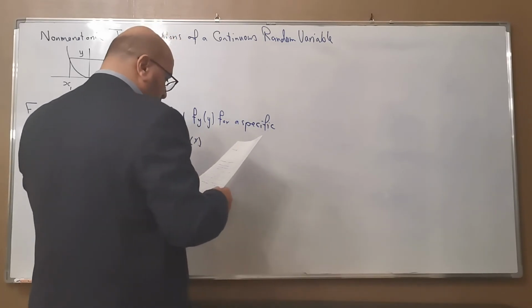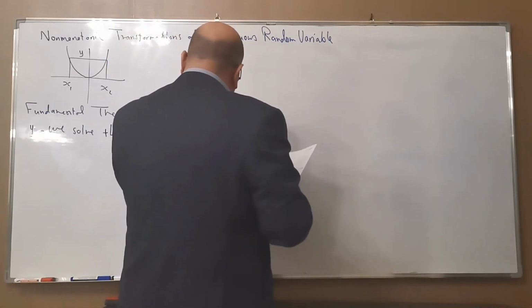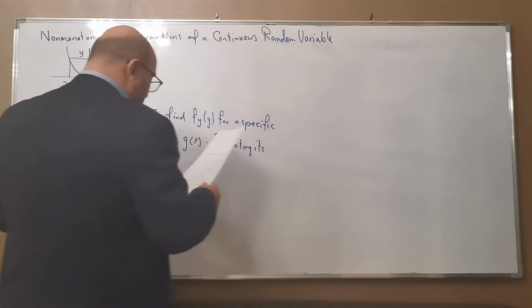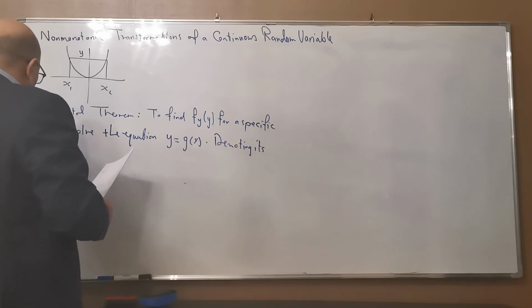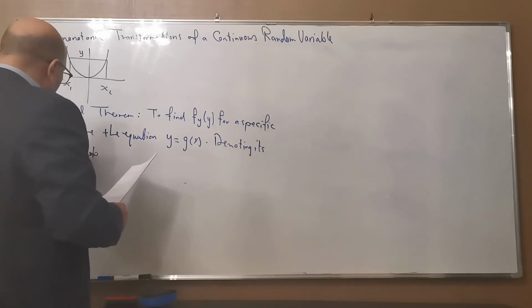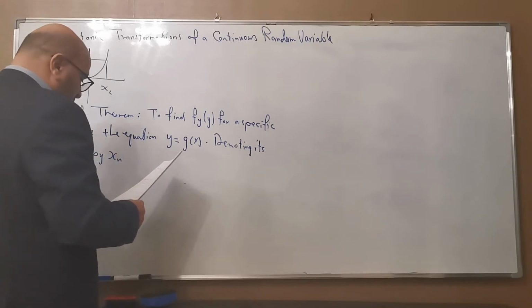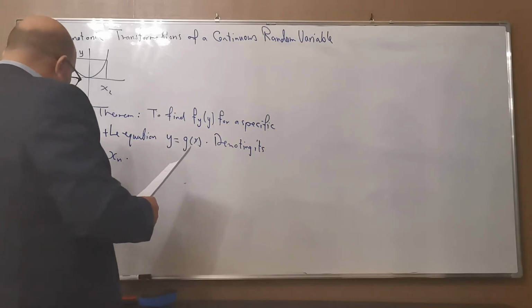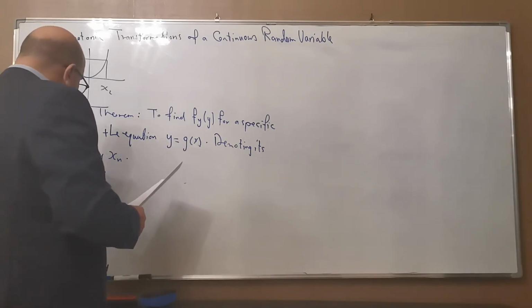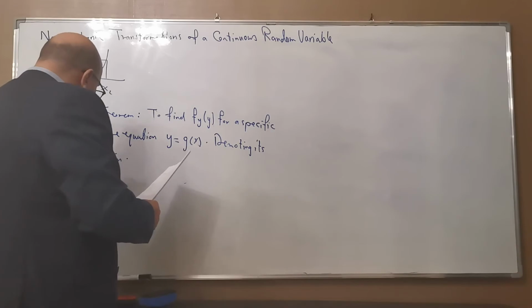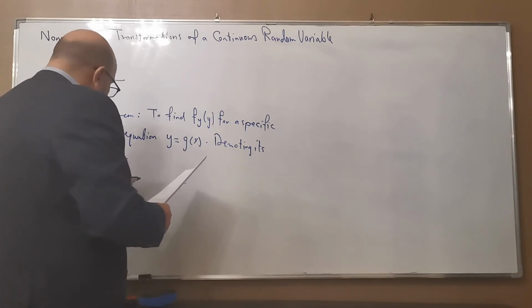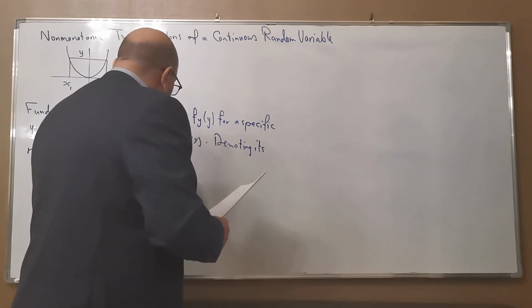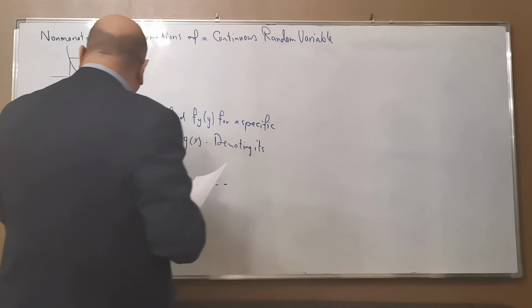Okay. Denoting its real roots by x sub n. Okay, so we have y equals g of x1 equals g of x sub n, as many roots as we have.